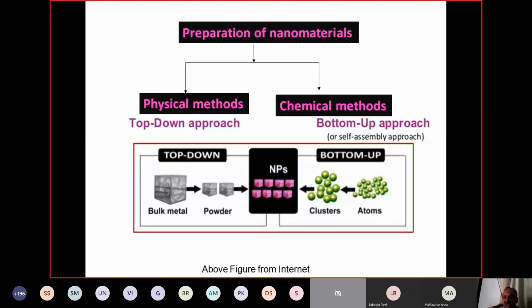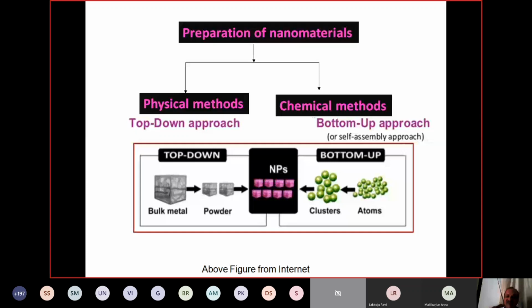That means molecule by molecule or atom by atom combined, based on a chemical reaction. So we can make these materials in different ways. They are categorized into two parts: one is the top-down approach, another is the bottom-up approach. Top-down means you take the material in the bulk form, then make it into smaller sizes. Bottom-up is where we start with a chemical reaction from the atomic or molecular level, then make the material into nano form.